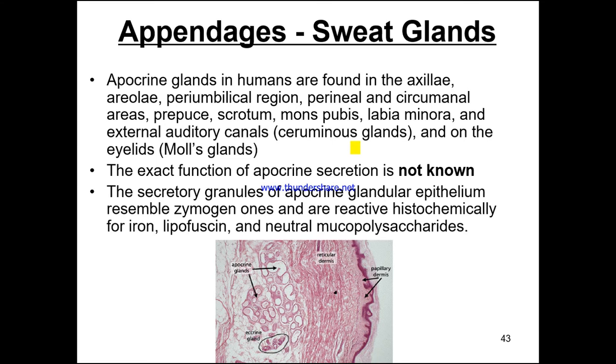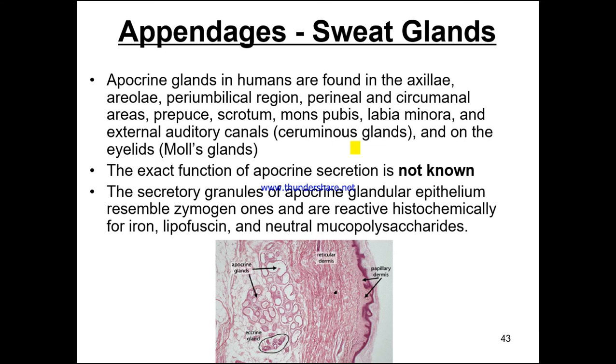Apocrine glands in humans are found in the axilla, areola, periumbilical region, perianal and circumanal areas, the prepuce, the scrotum, the mons pubis, the labia minora, the external auditory canal, and the eyelid region.